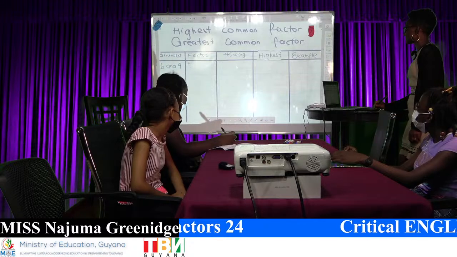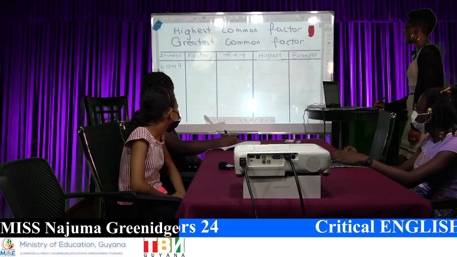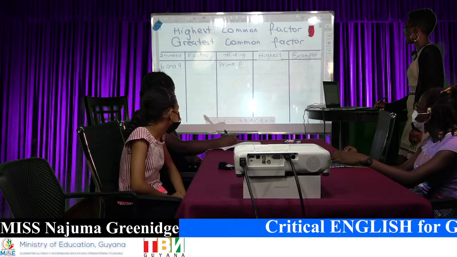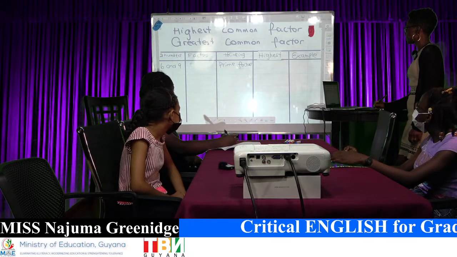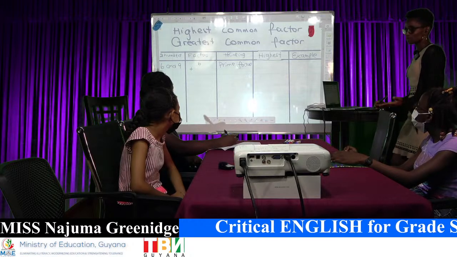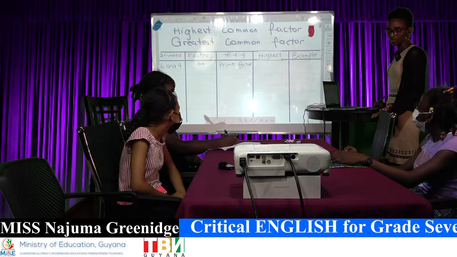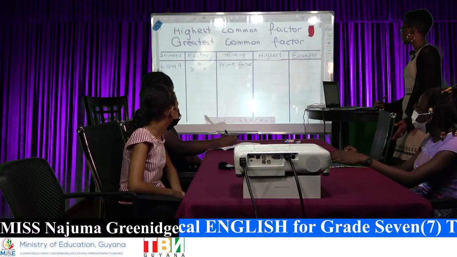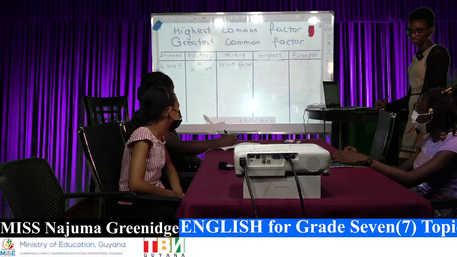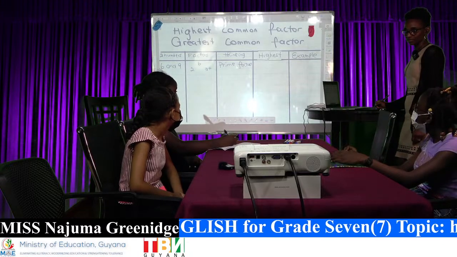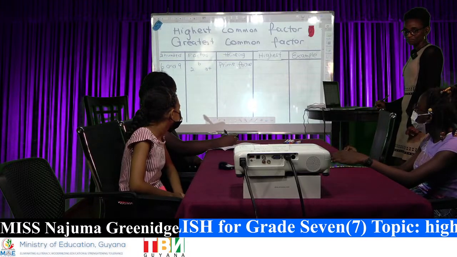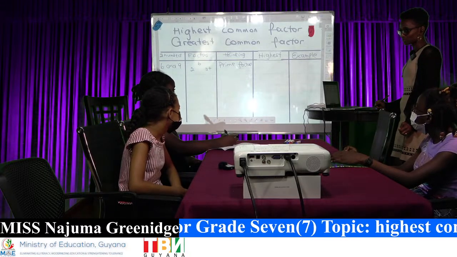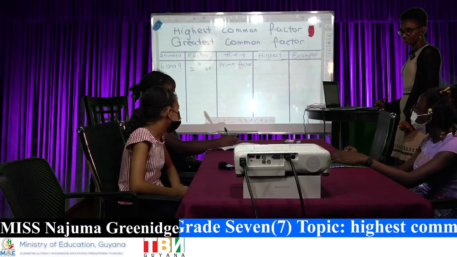So for example, 6, if we're thinking in terms of prime factors, we start off with the smallest prime number, which is 2. So we know it's 2 and 3. Any other two prime numbers to multiply to give you 6?